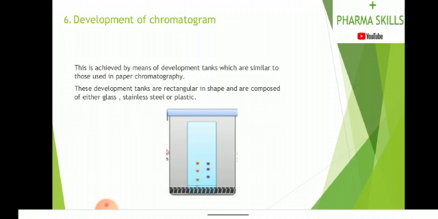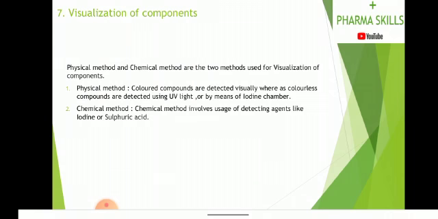We take a development tank, keep our slide in it, and are able to see the distance traveled by our solvent. The component has traveled here, and it will be seen in the color. Now we are visualizing the component.